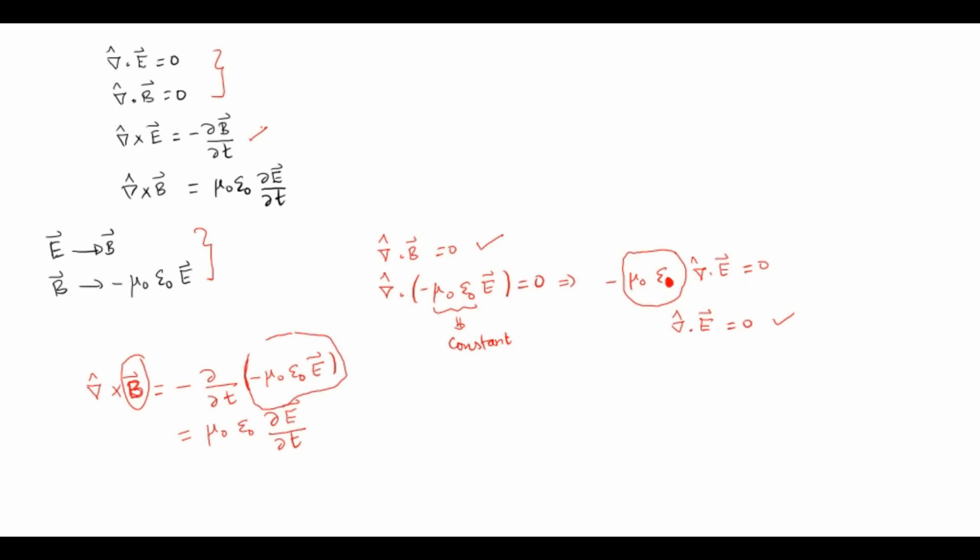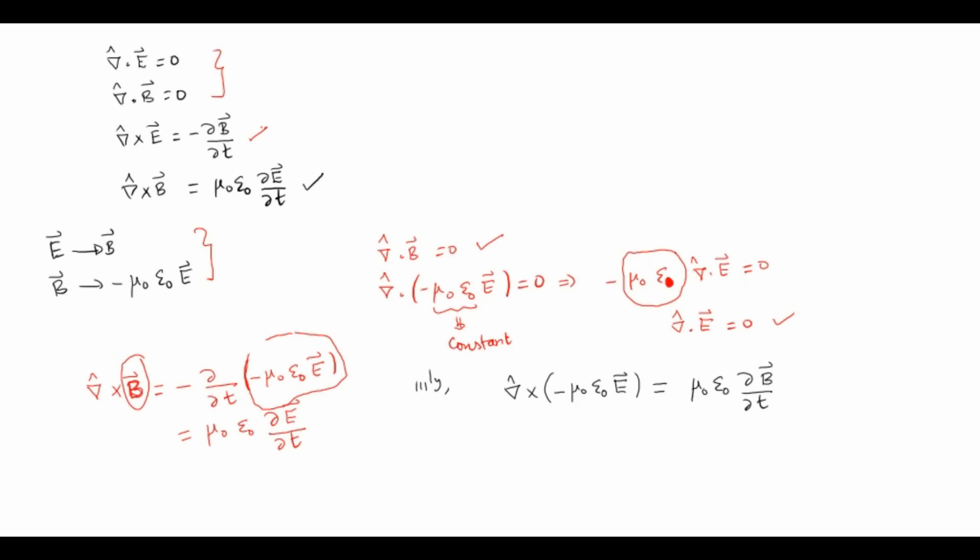Similarly equation 4 எடுத்துப்போம். Let me substitute here. Curl of B க்கு பதிலா substitute பண்றேன். Minus mu naught epsilon 0 E vector which is equal to mu naught epsilon 0 partial derivative with respect to t, and this is B. E வந்து B ஆ substitute பண்ணிக்கிறேன்.